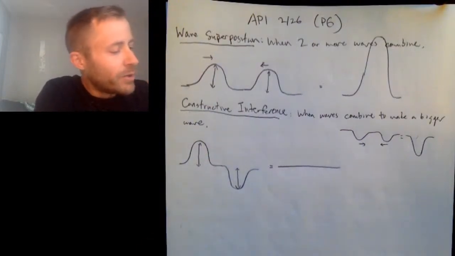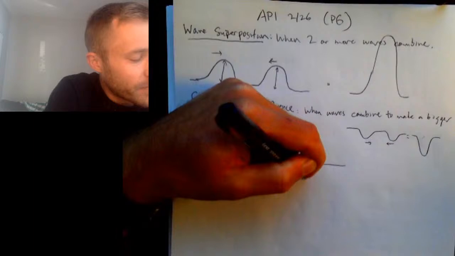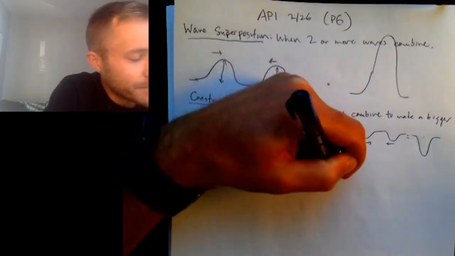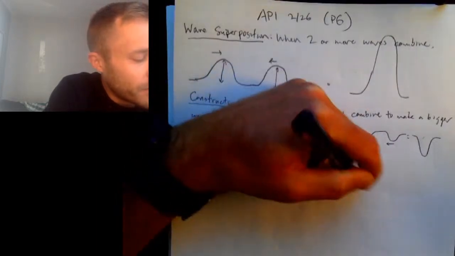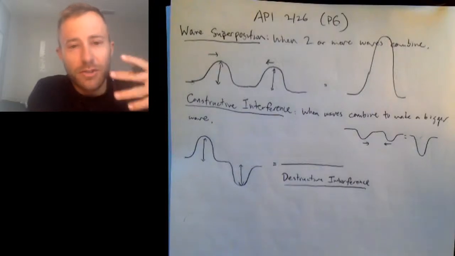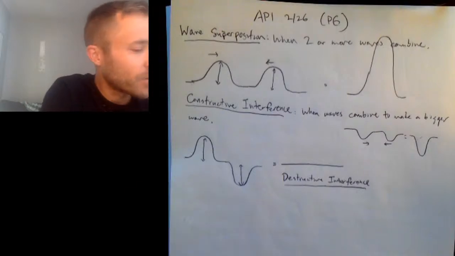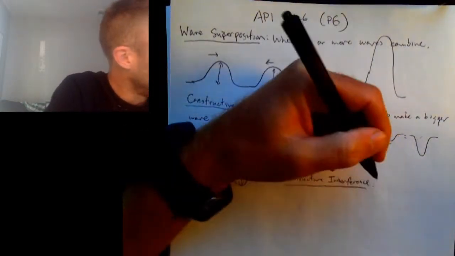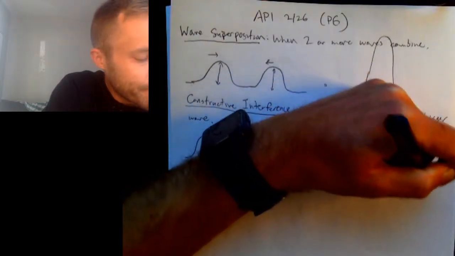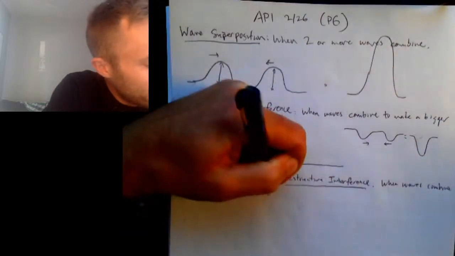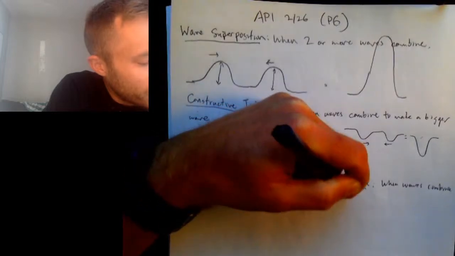And so when this is happening, we call that destructive interference. It is not deconstructive, it is destructive. A lot of times students say deconstructive interference, but that's not correct. And so this is when waves combine to make a smaller wave.